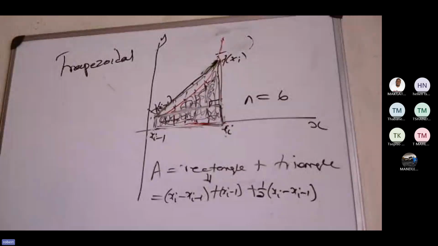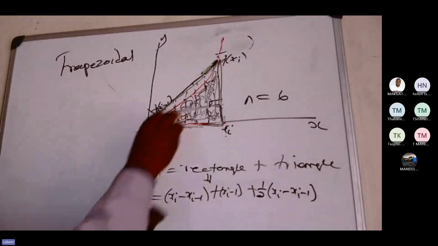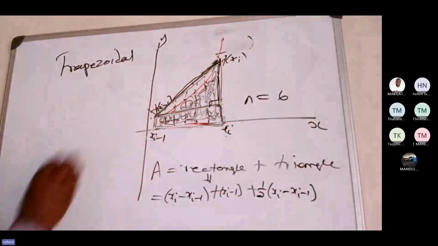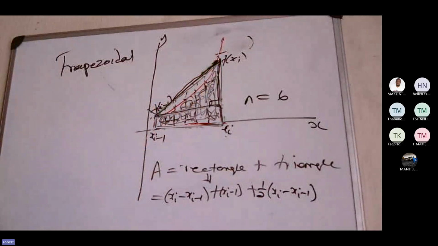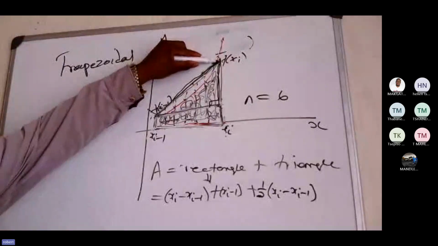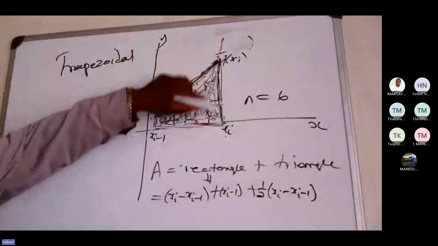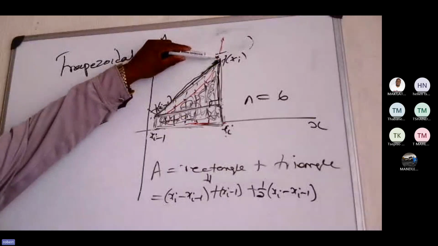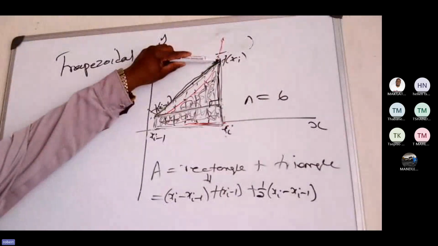Then multiply by the perpendicular height. And what is the perpendicular height? It will be from here up to here. We know it's a vertical line, therefore it will be y here. And what is y here? It's f of xi.